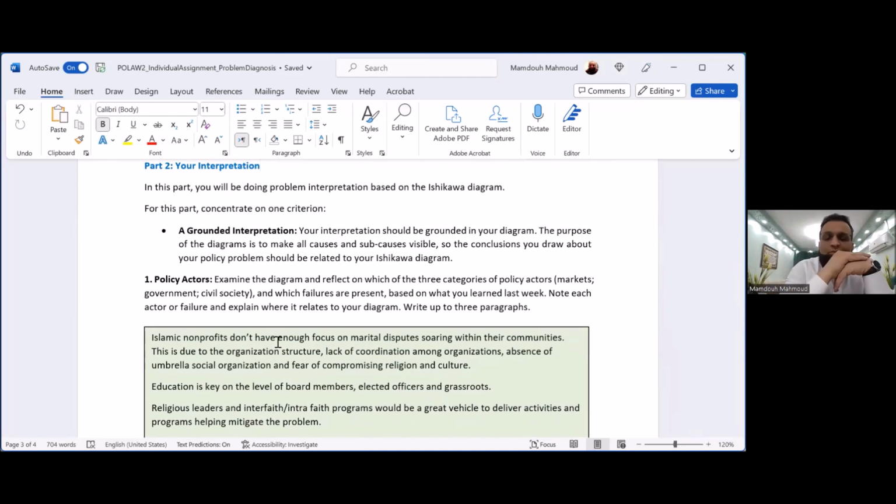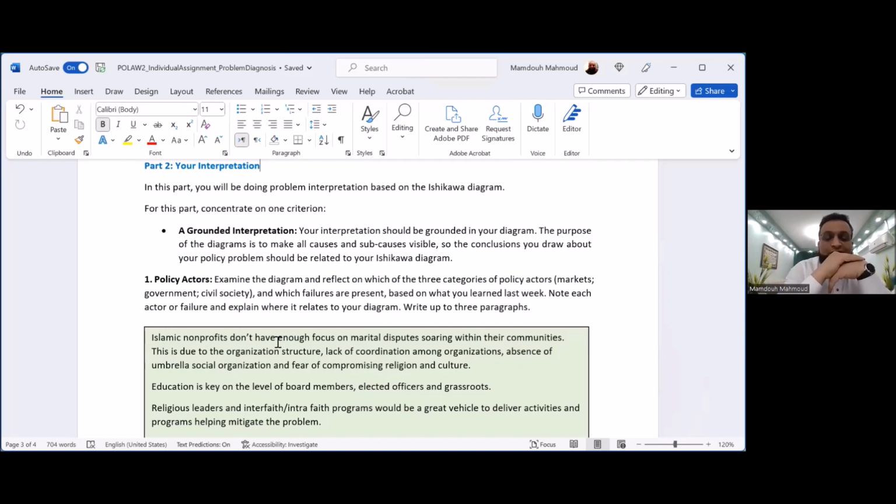What is a grounded interpretation? Your interpretation is supposed to be grounded in your diagram. Don't interpret from something outside. Otherwise, that means you did not do the diagram right. If you bring information from outside, that information should be in the diagram.